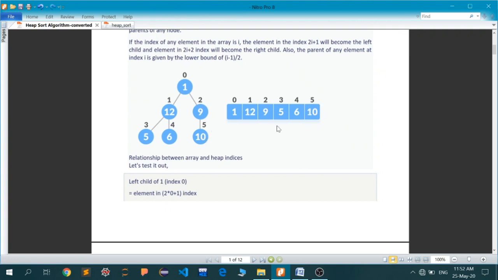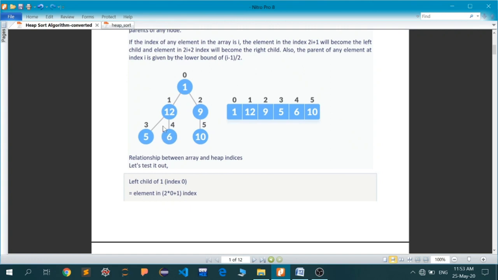Now if you want to find the parent of this leaf node, its index is 5. I can apply the formula: 5 minus 1 is 4, divided by 2 equals 2. As you can see, the element at index 2 is actually the parent of the element at index 5. So I think this formula is correct in finding the parent.